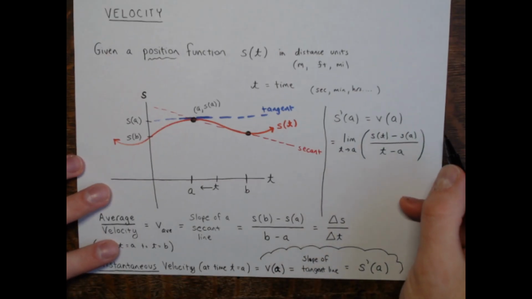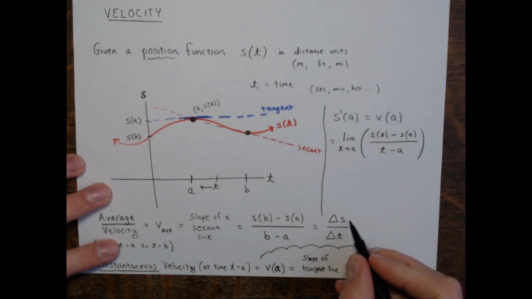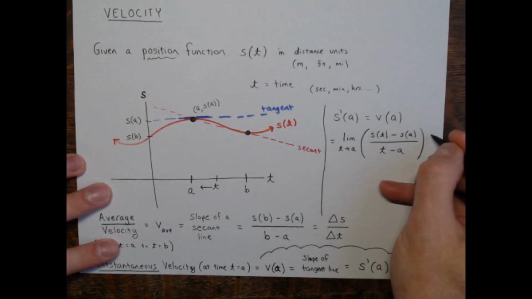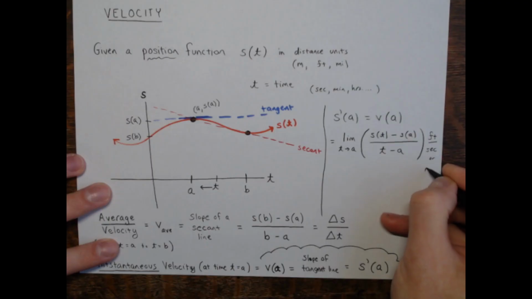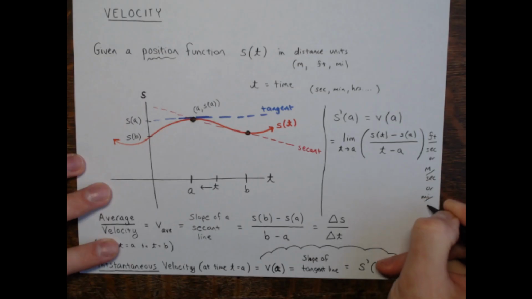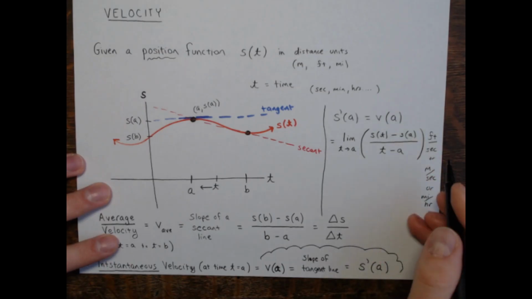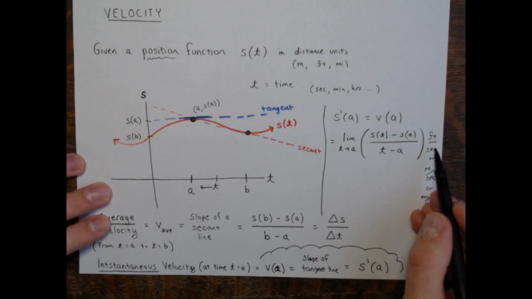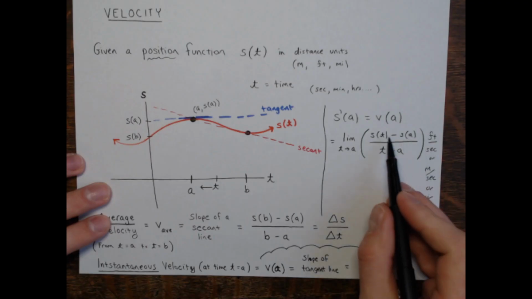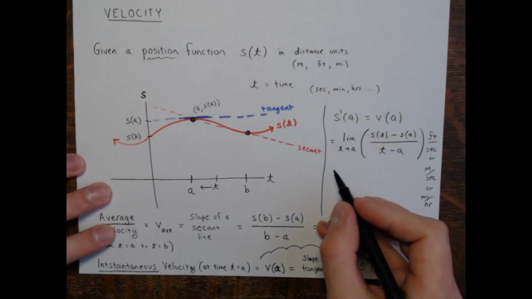Now for velocities, the numerator is in meters or feet or miles. This is your distance. The denominator is in seconds or minutes or hours. So this will be in feet per second or meters per second or miles per hour, where you have a distance unit in the numerator and a time unit in the denominator because it is a change in distance over time.